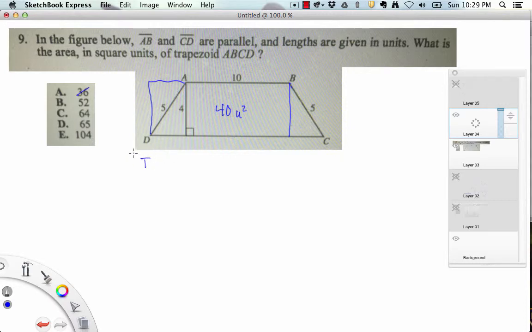So the area of a triangle, it's one of those things that's given on the formula sheet for the ACT, but is one you might remember anyway, right? So we need a base and a height. We do not have a base and a height, right? So if we think about this as the base, we don't know this height. If we think about this as the base, we don't know this height.